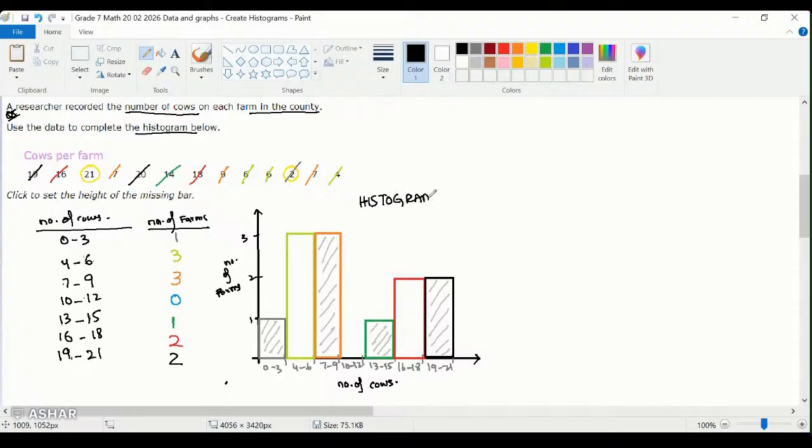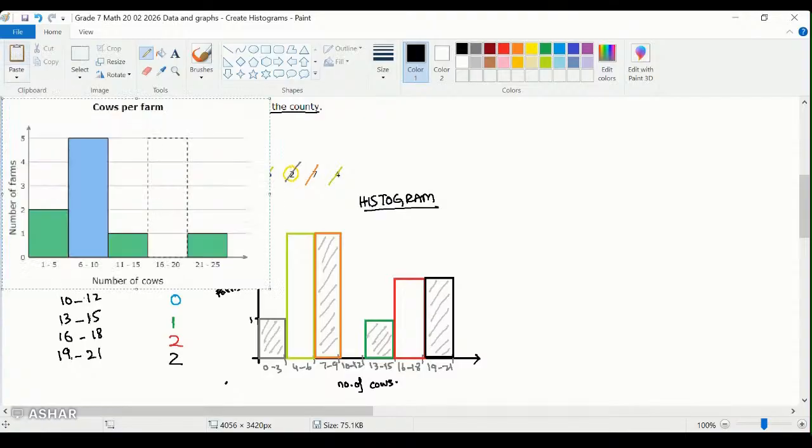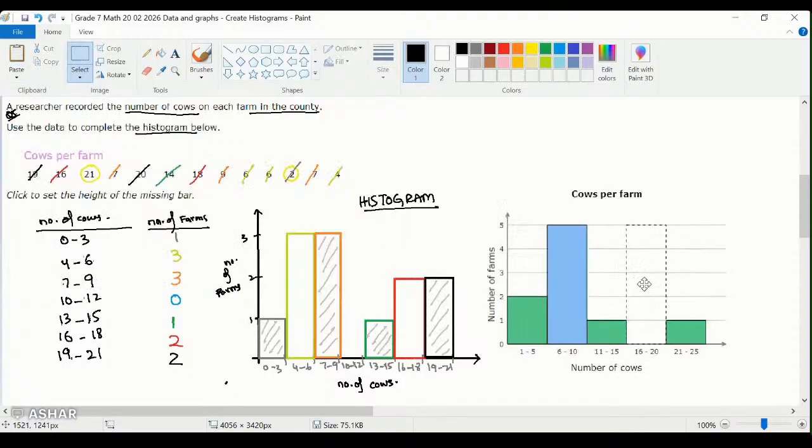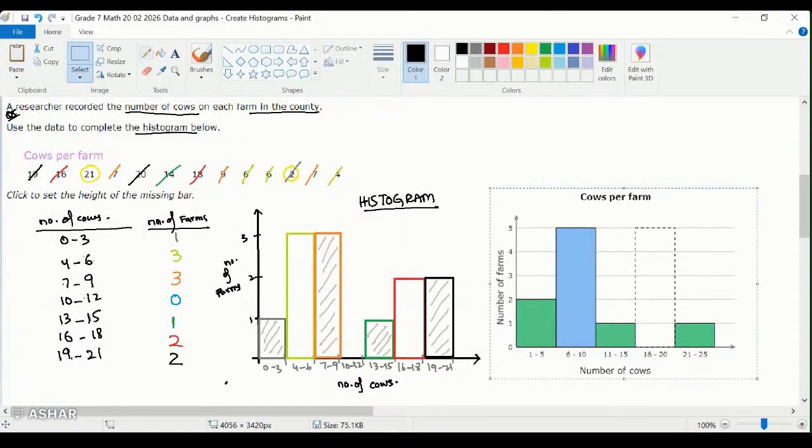We were not told how big the gaps on the horizontal axis should be. But in the question, they have done it this way. They took gaps of 1 to 5, 6 to 10, 11 to 15, 16 to 20, and these gaps are still the same, right?